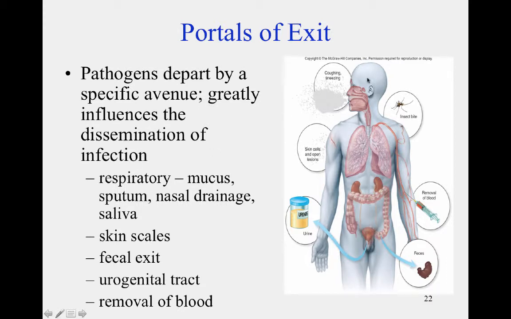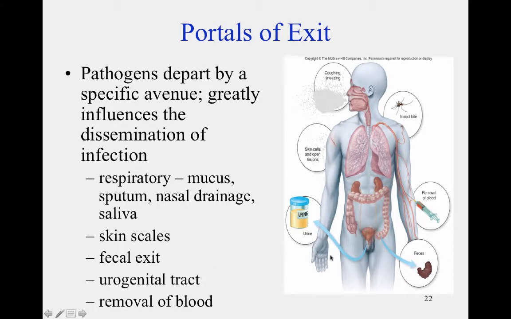So, for example, it could be through the respiratory system, coughing or sneezing, through mucus, sputum, nasal drainage, or saliva. Also skin scales, skin cells and open lesions. Fecal exit, so there are a lot of fecal-oral routes, especially with foodborne illness, as modes of transmission.